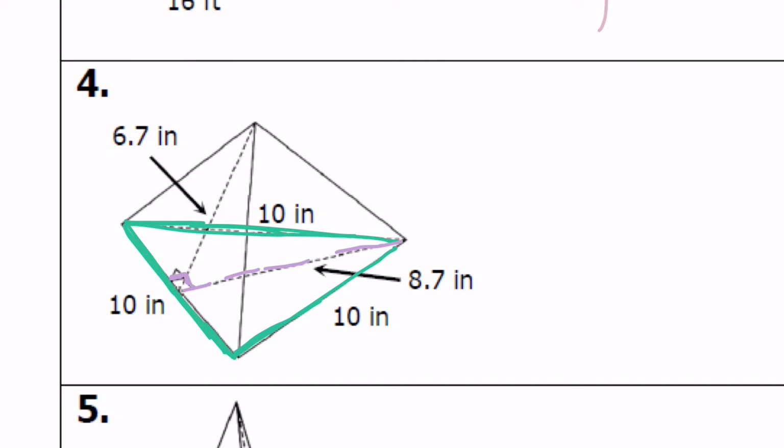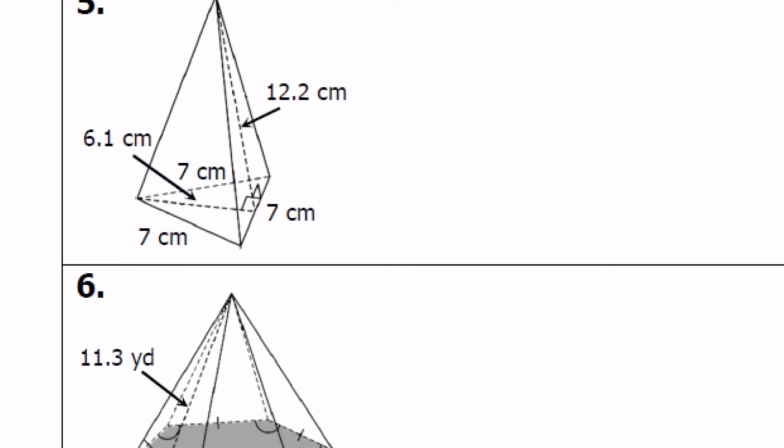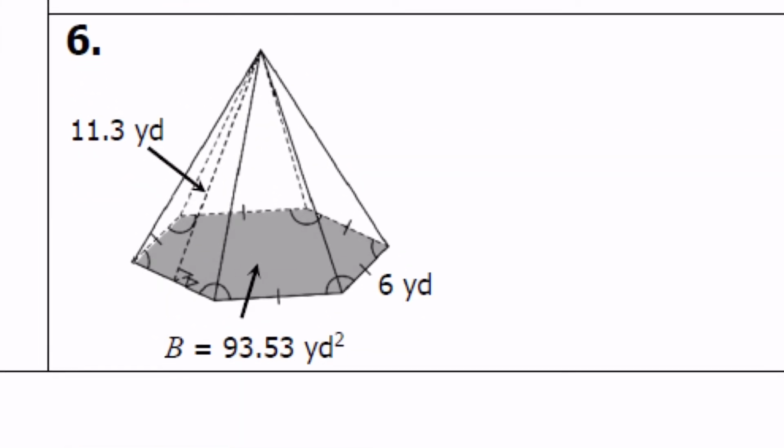So that's telling me that's the base. Then I have my slant height, and then I have all 3 edges of the triangle to find the perimeter. Same with number 5. On number 6, I gave you the base area already, just because we don't have a formula for the area of a hexagon. So that is surface area of pyramids.